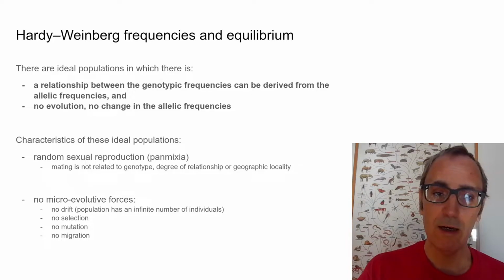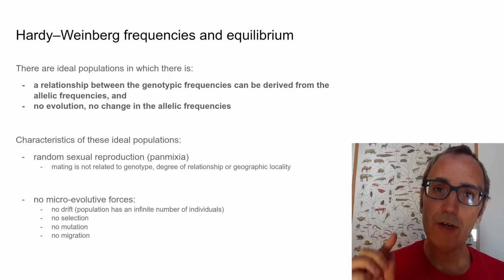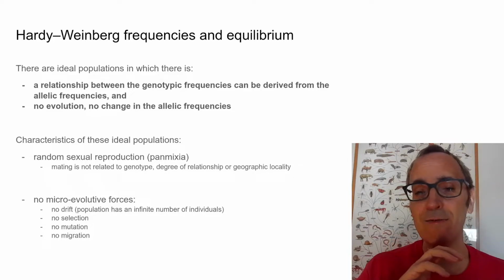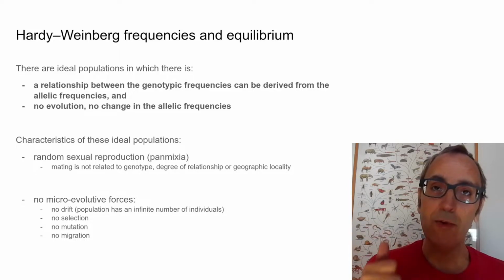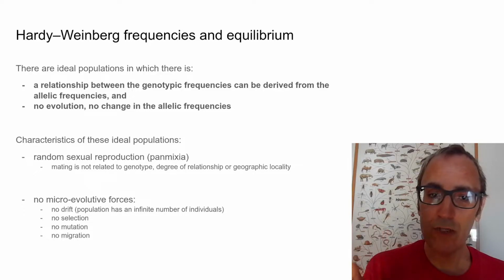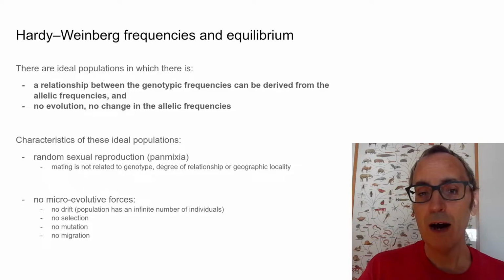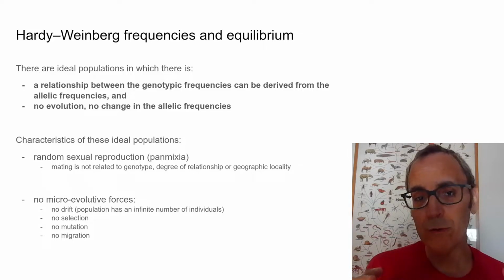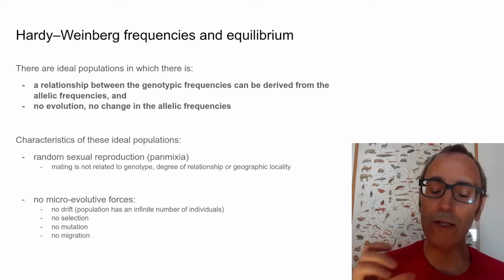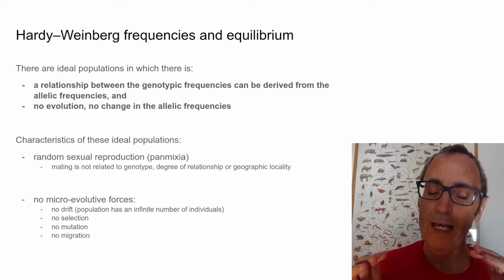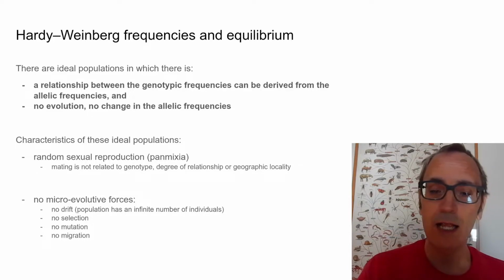We will study these forces, but mainly there will be no drift. That means that the population has to be infinite, or at least a very, very large number of individuals, ideally an infinite number. There will be no selection going on, no mutations, and no migration. If you have all these constraints, then there's a relationship that allows you to calculate the genotypic frequencies from the allelic frequencies.